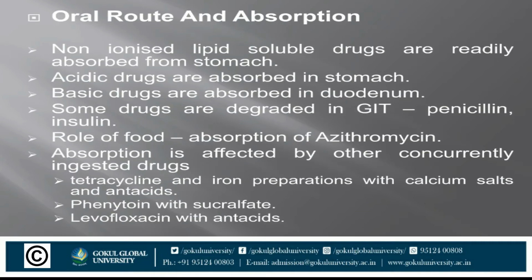So moving on to oral route and absorption. The effective barrier to orally administered drug is the epithelial lining of the gastrointestinal tract, which is lipoidal. Unionized lipid-soluble drugs are readily absorbed from stomach as well as intestine at rates proportional to their lipid-water partition coefficient.